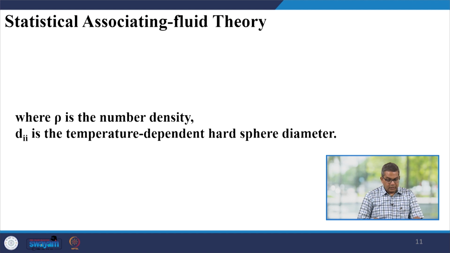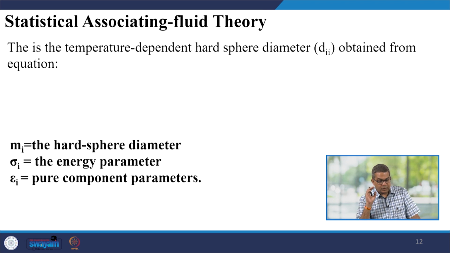Now this zeta k is equal to pi over 6 rho summation x i m i d ii to the power k, where rho is the number density and d ii is the temperature dependent hard sphere diameter.